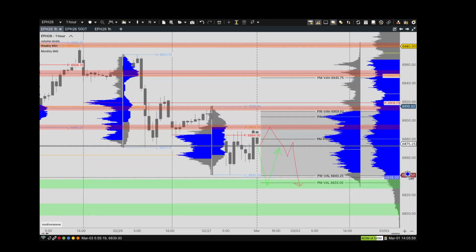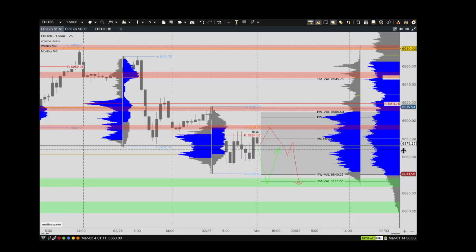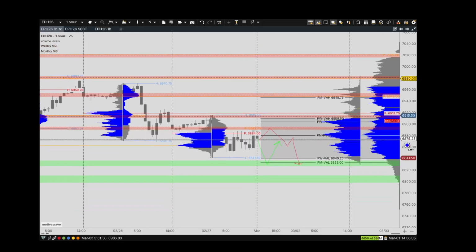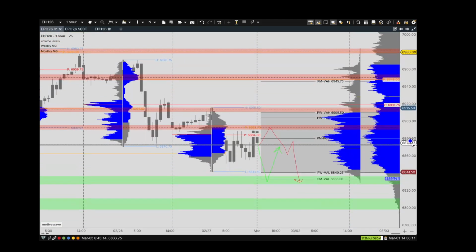I really don't want to keep changing my model. I kind of want to just stick to something. This is what I've been doing for the last couple weeks.